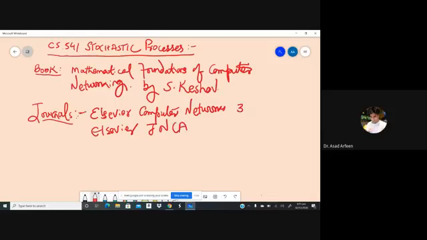This is impact factor 3.13, and this is impact factor 5.37. I have publications in both of these journals, and also the famous IEEE Transactions on Networking. These are the journals in which I would like you to read articles related to computer networks and traffic theory.